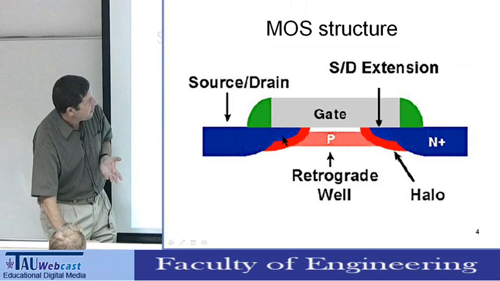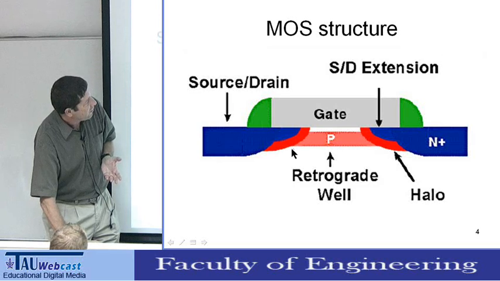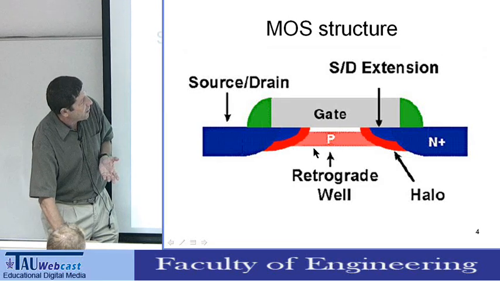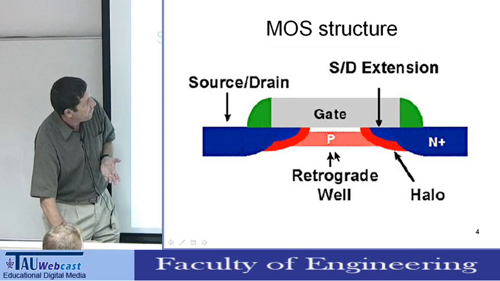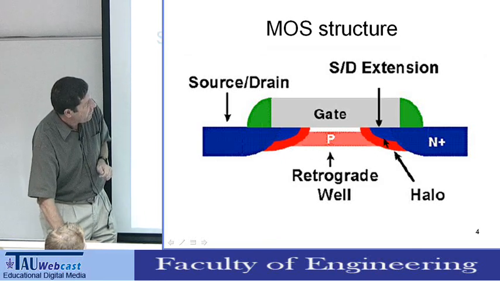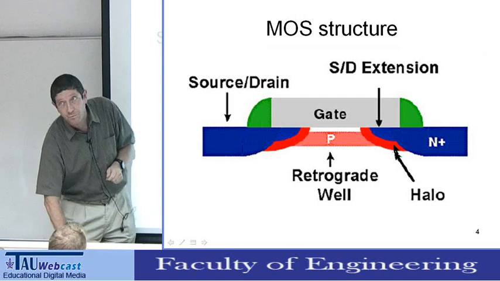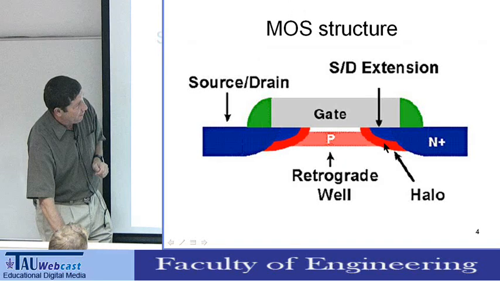And this is a junction, N plus N. And here you have a depletion layer. But you don't want this depletion layer to be too big because it will affect the structure here. Same as here. You can also have some leakage current going in this direction. So you introduce heavier doping here to limit the depletion layer.